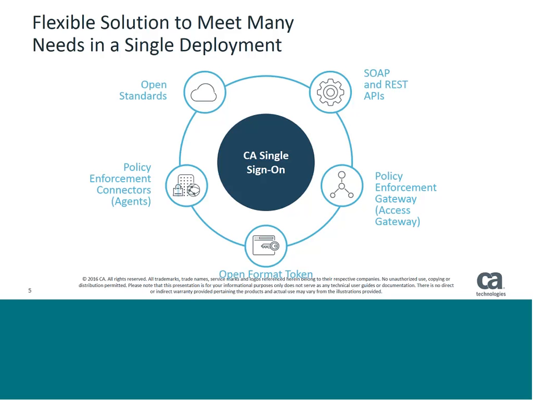There is support for open standards such as SAML and OAuth, and also an open format cookie, which is a lighter weight form of accomplishing single sign-on, primarily for those environments that don't require quite as much security protection as you might use agents for.